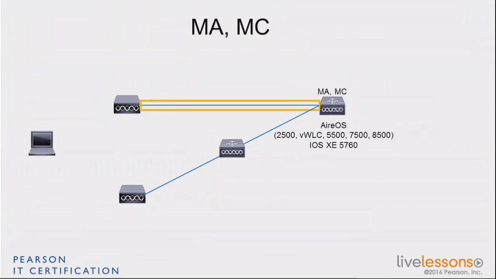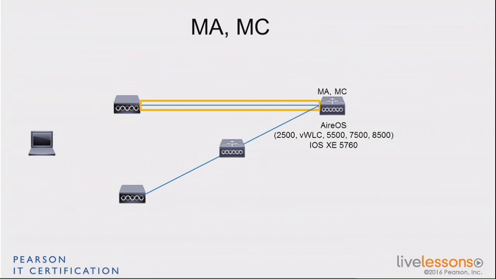So let's talk about architectures here and operating systems. We have basically two types of operating systems in a Cisco wireless world, AirOS and IOS XE. In AirOS, every controller is both mobility agent and mobility controller. They are appliances, virtual or physical, which means that access points are going to be connecting to an appliance, virtual or physical.